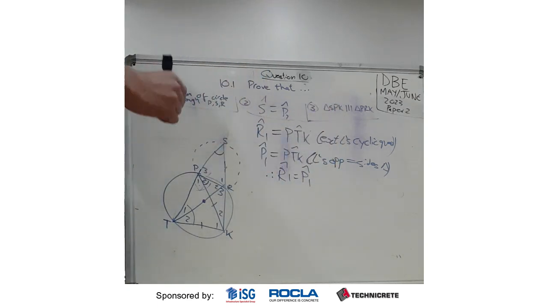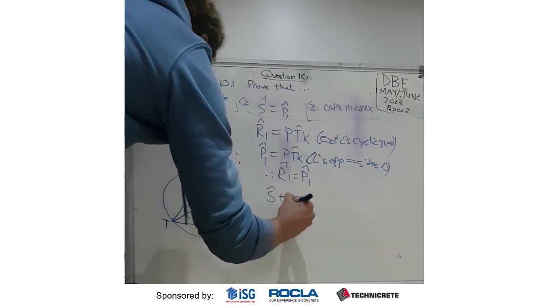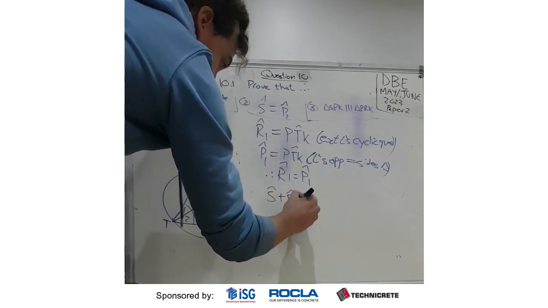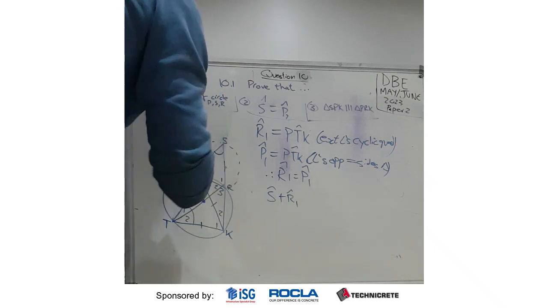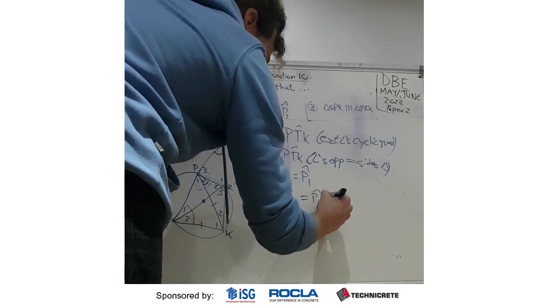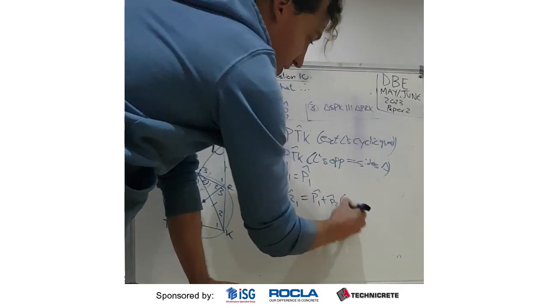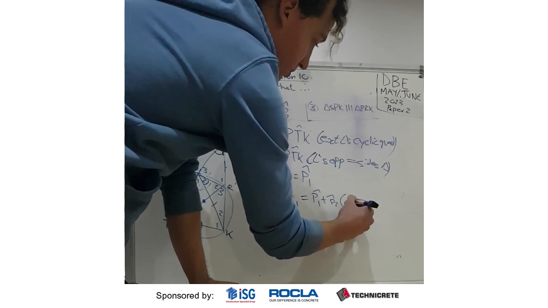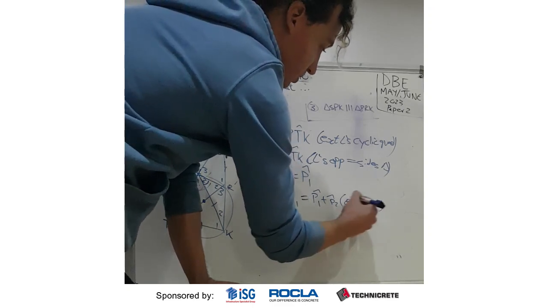Great. Also, angle S plus angle R1 should be equal to angle P1 plus angle P2. The reason for that is exterior angles of a triangle.